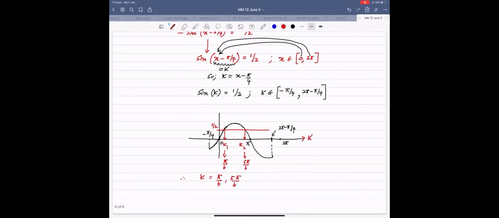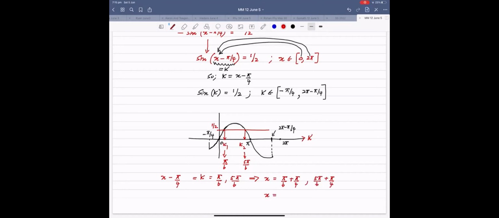Now, k is equal to x minus pi divided by 4. So from here you get x is equal to pi divided by 6 plus pi divided by 4, comma, 5 pi divided by 6 plus pi divided by 4.